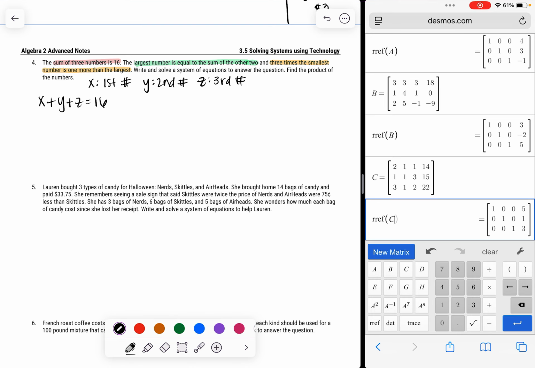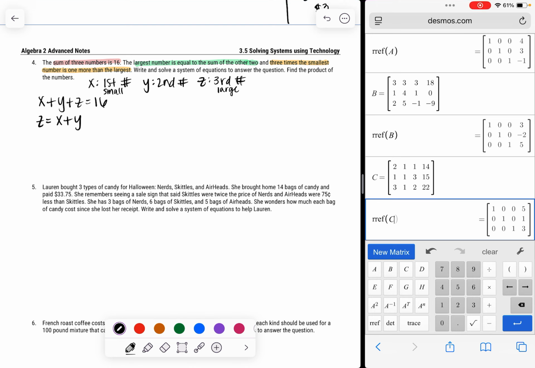The largest number, so I'm going to say this is the smallest. Let's call it that. Small, large, and we'll do medium in the middle. So the largest number is, I'm going to say Z, is equal to the sum of the other two. So X plus Y. 3 times the smallest number is 1 more than the largest.